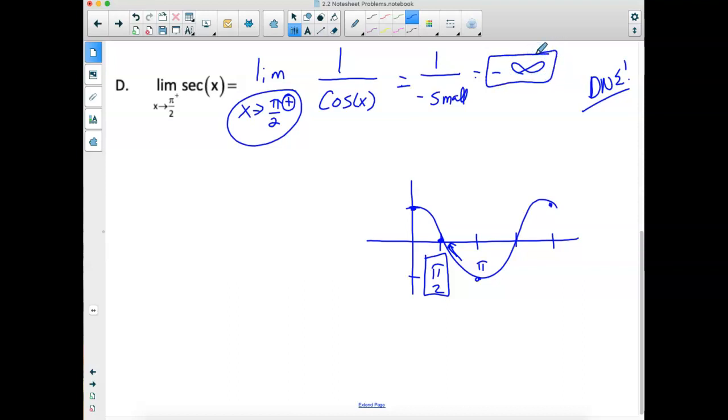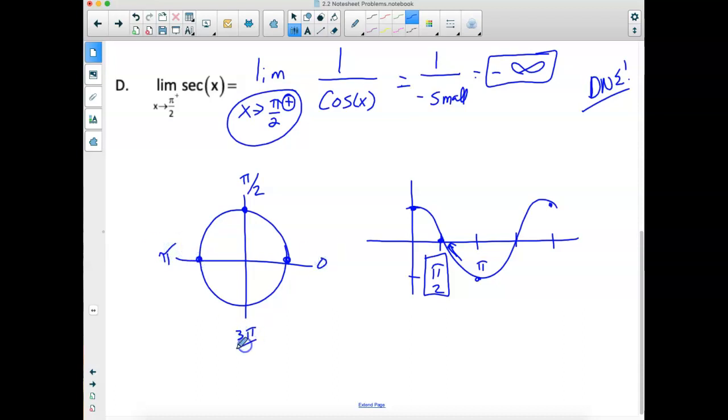Or if you don't like that, you can picture the unit circle. It really doesn't matter. Here's my pi over 2, and here's pi, 0, 3 pi over 2. If I'm approaching pi over 2 from the right, which way do we rotate?